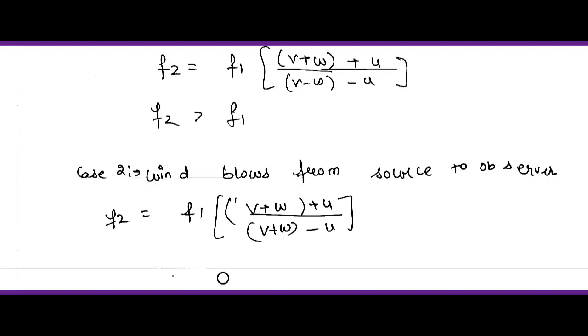So in this case also frequency 2 is greater than frequency 1.